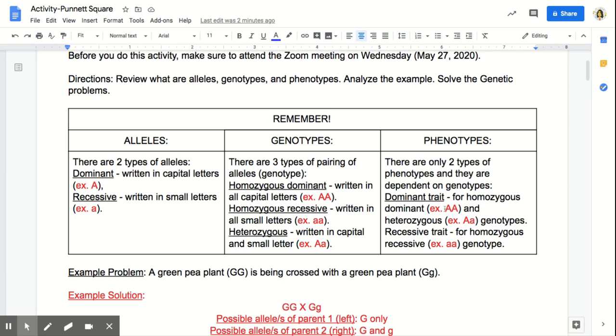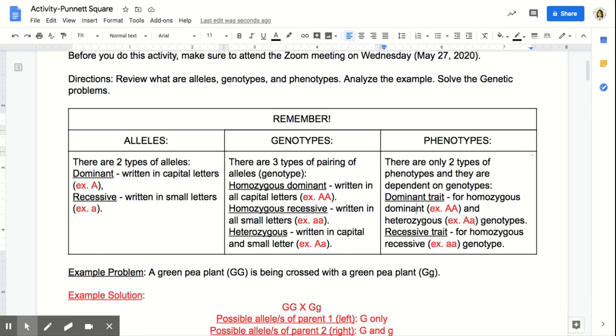There are two types of phenotype. We have a dominant trait and a recessive trait. The dominant trait is shown when you have either of two genotypes: homozygous dominant, all capital, and heterozygous.